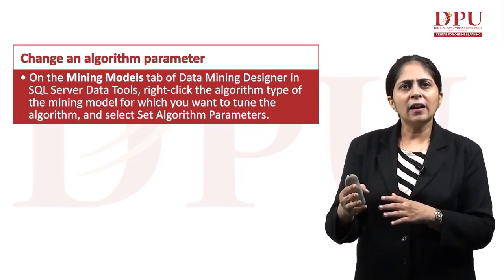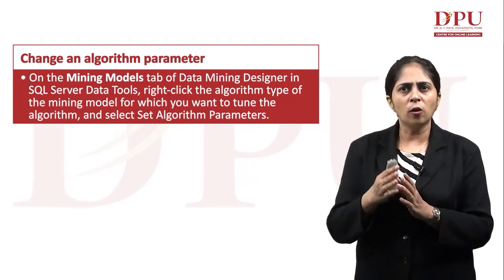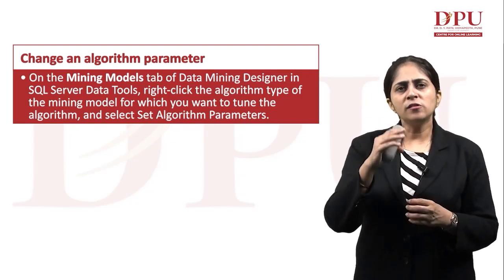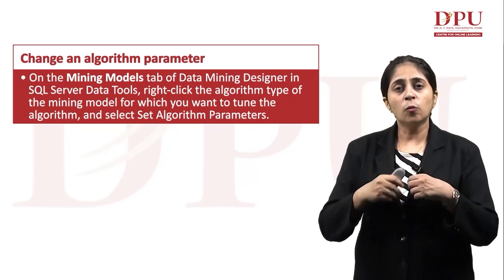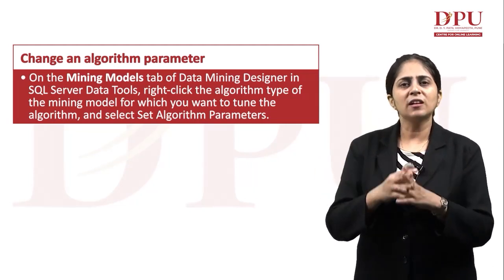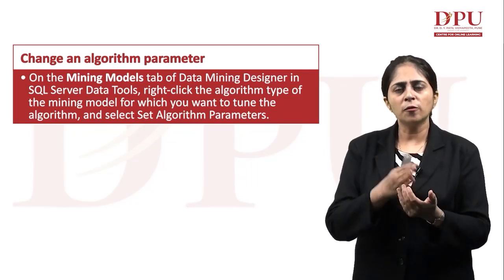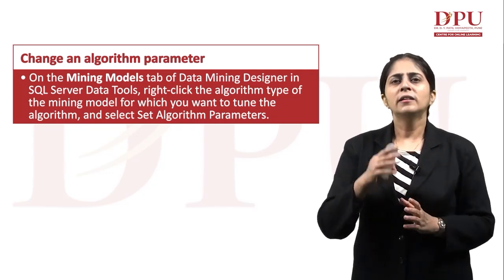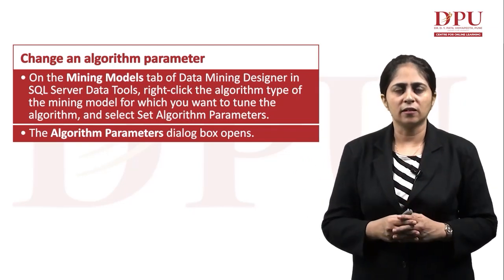We right click on it, and the algorithm type of the mining model for which you want to tune the algorithm will appear. You select the option Set Algorithm Parameters, because you want to customize the algorithm parameters yourself and keep certain values for them. So you click on the option Set Algorithm Parameters. The Algorithm Parameters dialog box will open once this option is selected.